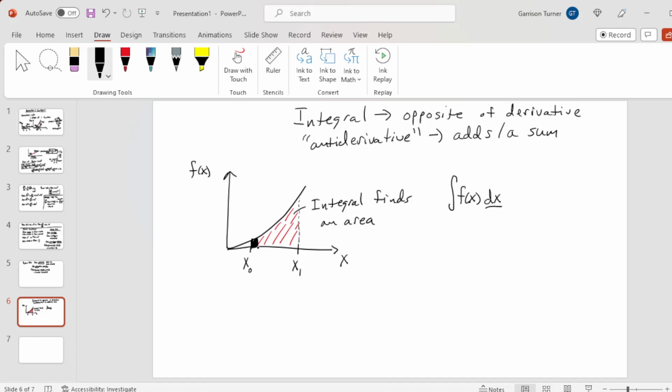Then I find my next f of x, and I multiply that by dx again, a very small width, and I find the next area. I keep doing that process across the entire interval I'm looking at, and I will eventually obtain the entire area under the curve. So the integral represents just taking sums.